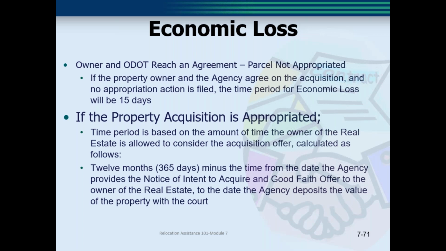If we appropriate the property, the company is entitled to 12 months of annual net profit, minus the time between the offer and the appropriation filing, with a minimum of 15 days. And this, again, in Relocation 202, we go into much more detail on how this benefit is actually calculated.